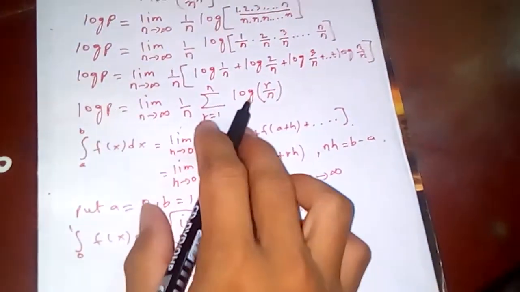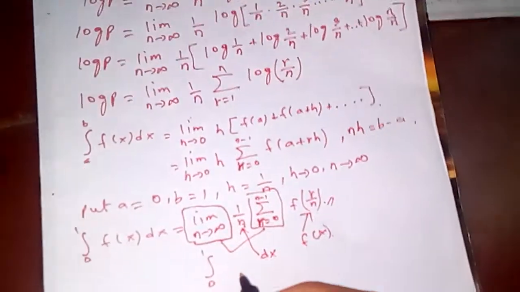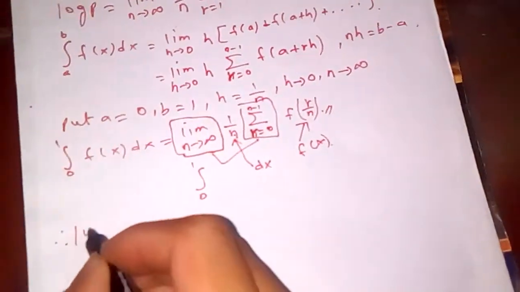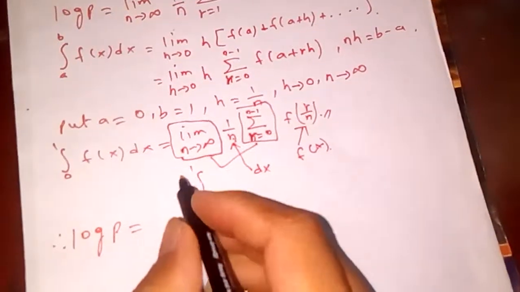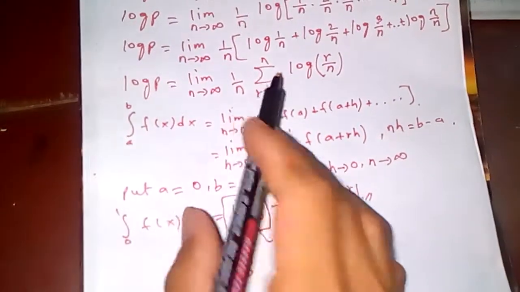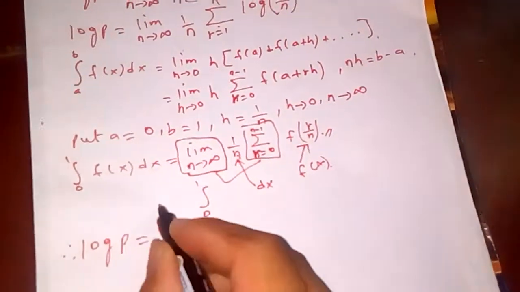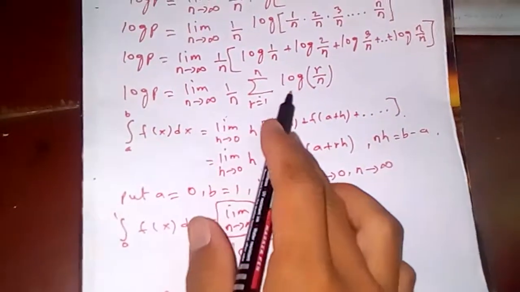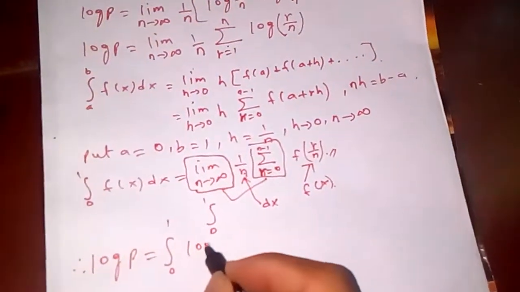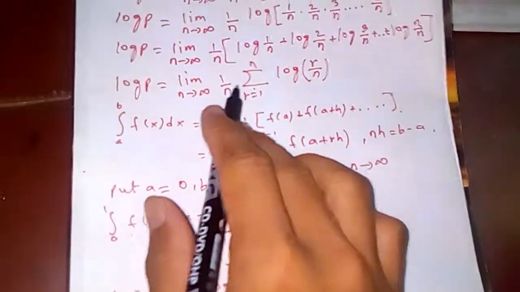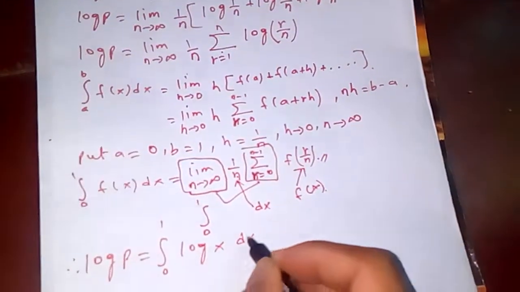Now let's apply here. Same thing. So log p is equal to limit, and this summation replaced by integral from 0 to 1, and log of r by n is replaced by x, and 1 over n is replaced by dx.